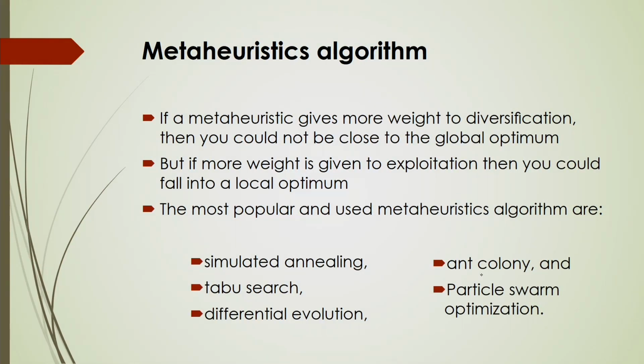If a metaheuristic algorithm gives more weight to diversification, then you may not get close to the global optimum solution. But if more weight is given to exploitation, then you can fall into a local optimum solution. The most popular and widely used metaheuristic algorithms are simulated annealing, tabu search, differential evolution, ant colony, and particle swarm optimization.